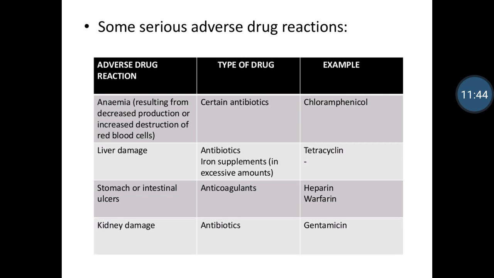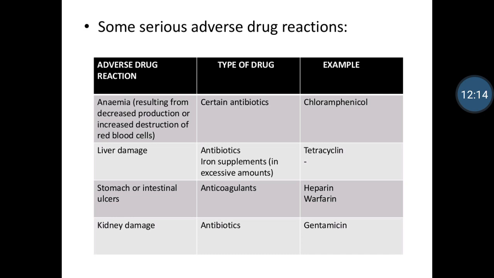The combination of antibiotics and tetracycline produces the adverse drug reaction, and taking a large amount of iron supplements also produces liver damage. If you take any drug like paracetamol or rifampicin in large quantity or continuously, it may also damage the liver.